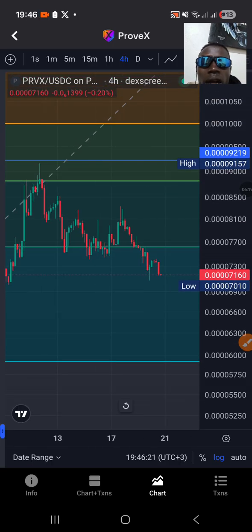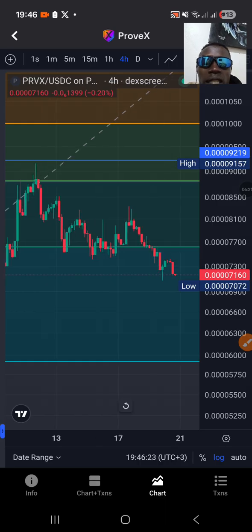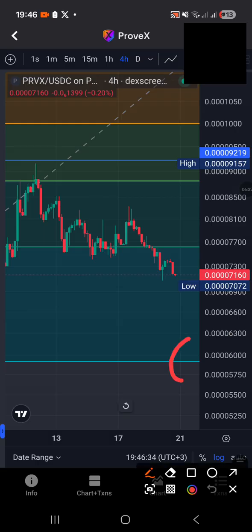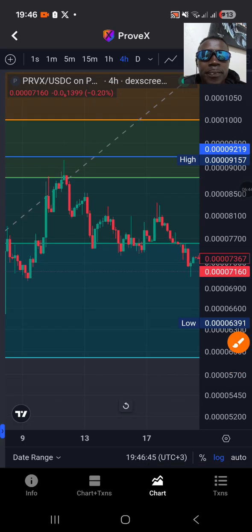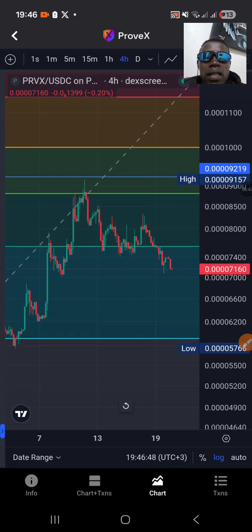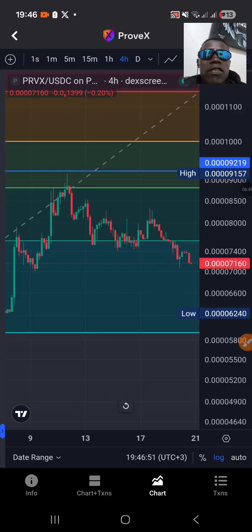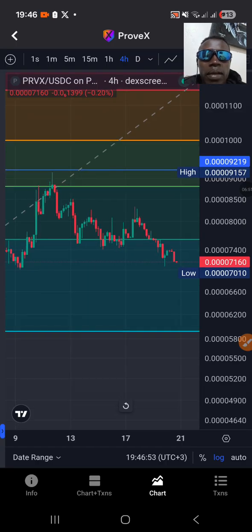If you are able to get enough cash, or you want to invest into these assets, you can get a good entry around somewhere here, and then you can say that price might go up, and you are going to make quite some good ROI, return on your investment, after price starts being bullish.